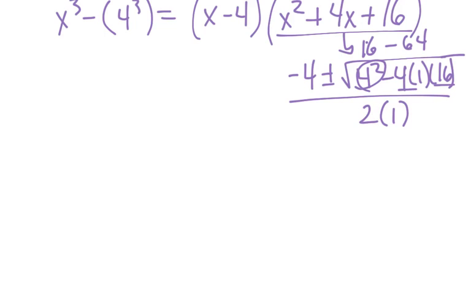It gives us negative 48. So the square root of negative 48. How do we simplify that one? Well, we know we've got the i from this negative. 48 is 6 times 8. No, there's a better one. 48 is 3 times 16.